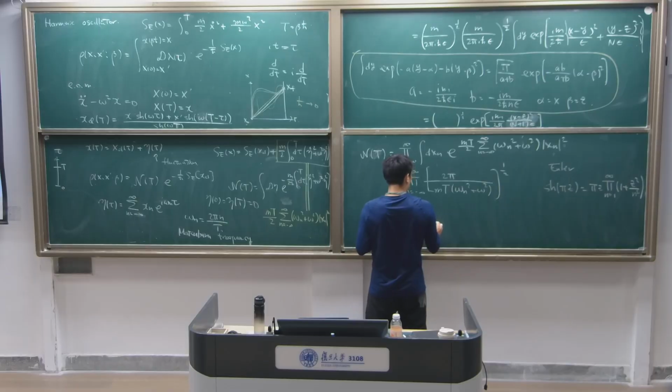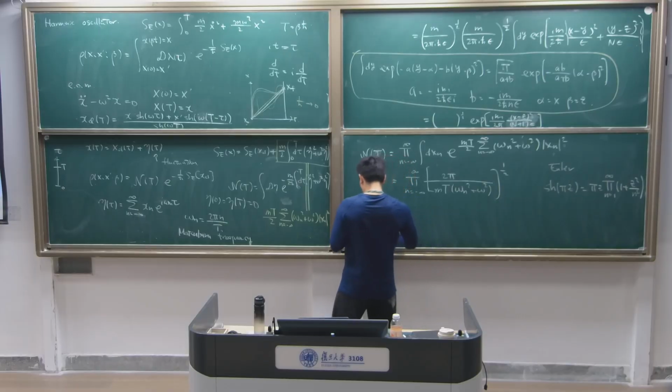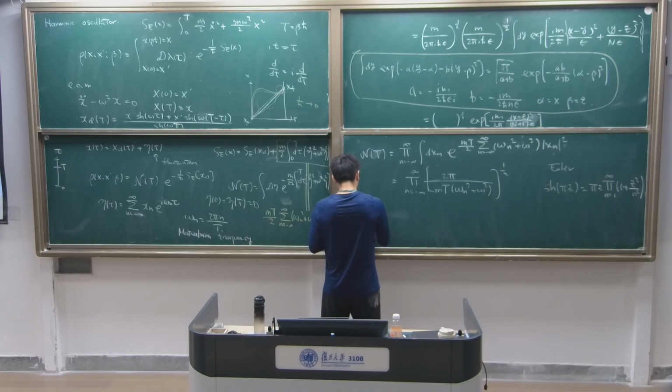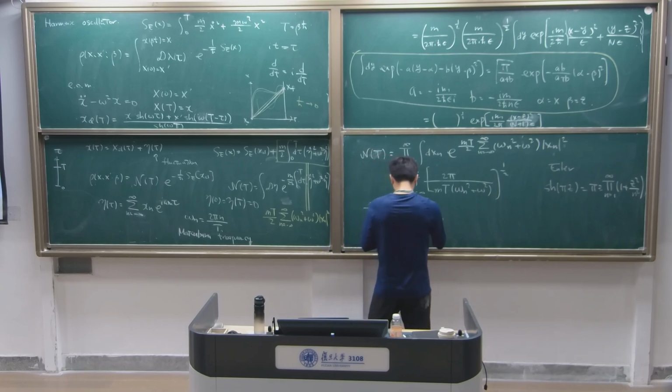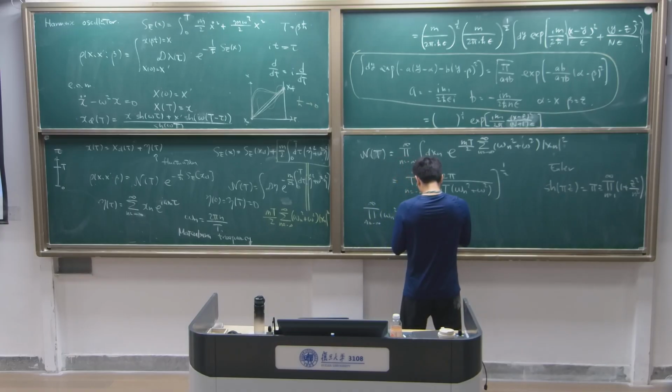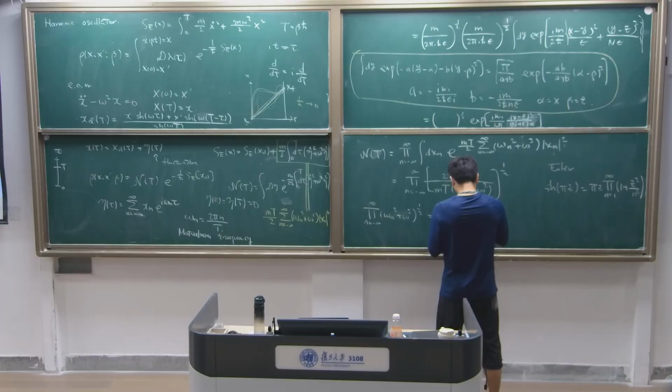So if you write the product over n from minus infinity to infinity of omega_n squared plus omega squared, it equals omega times the product over n equal to 1 to infinity of omega_n squared plus omega squared, like this.